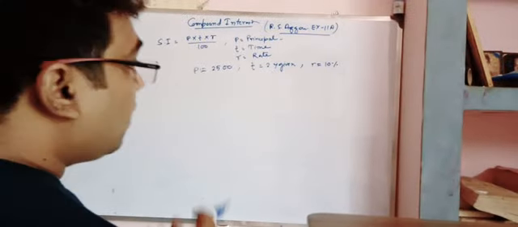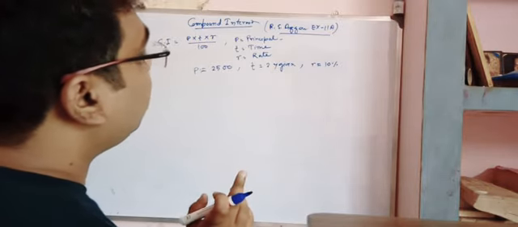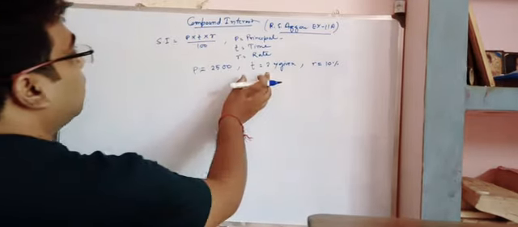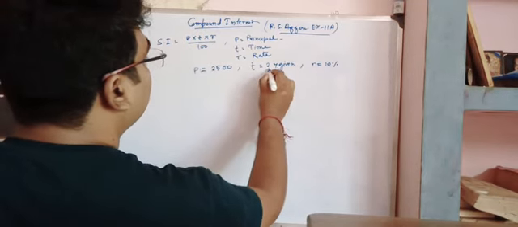Now what is the compound interest? Compound interest is a different thing. Compound interest means first we have to compute the first 1 year. This is time 2 years, 2 means 1 plus 1.